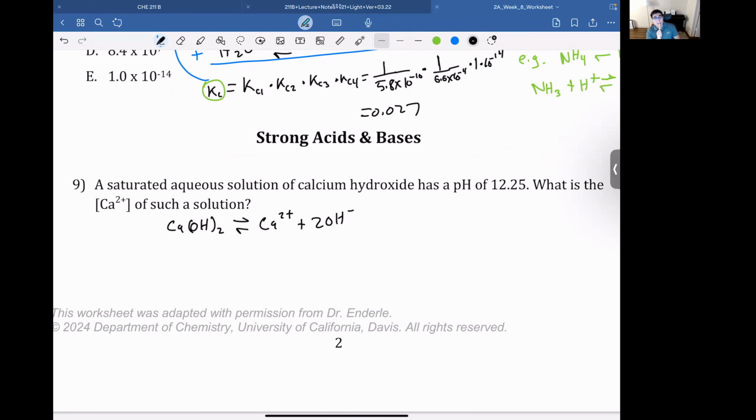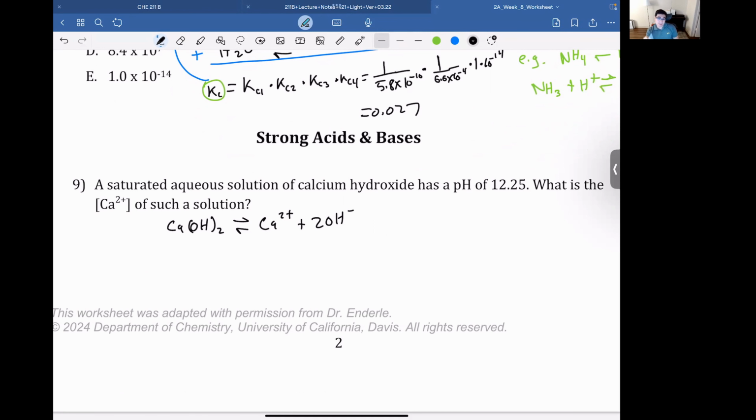as there is calcium. Now, how we do this is we're going to relate the pH that we're given to pOH. Why? Because of this reaction. If you dissolve some calcium hydroxide, assuming there's a negligible amount of OH minus already in the water from the autoionization of water, then we're going to have twice as many moles of hydroxide as we do calcium in the solution.